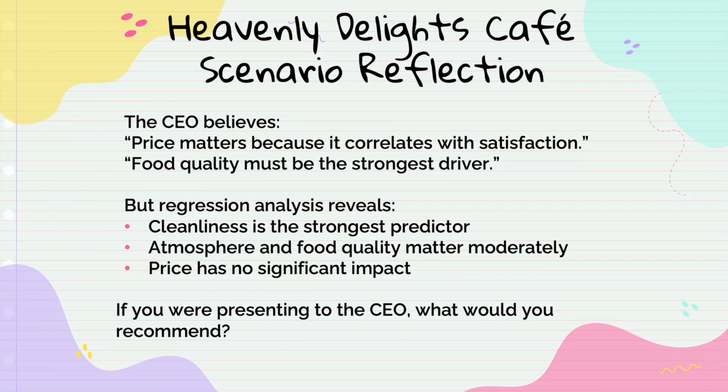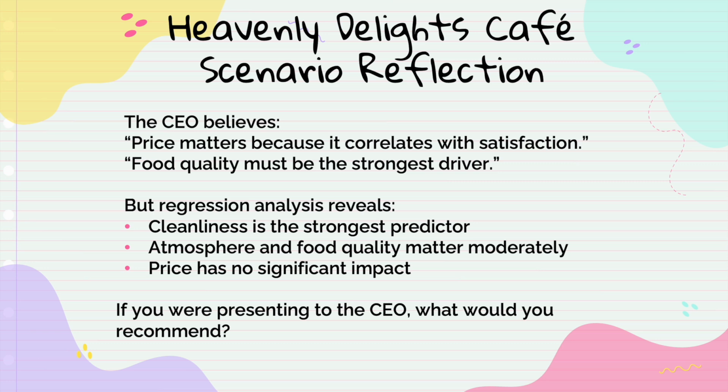The CEO originally believed price and food quality matter most because they appeared strong in correlations, but regression shows the real story. Cleanliness is the biggest driver, food quality and atmosphere matter moderately, price and innovativeness do not predict satisfaction.